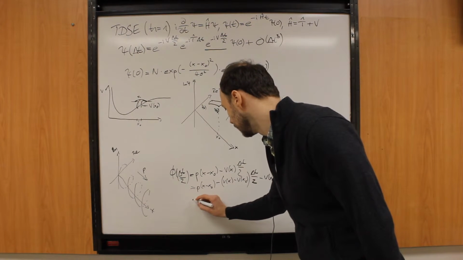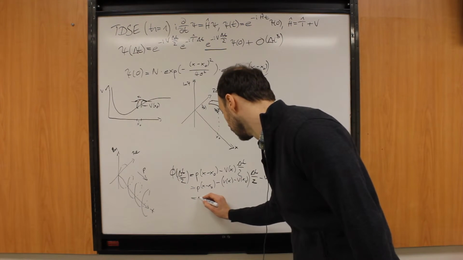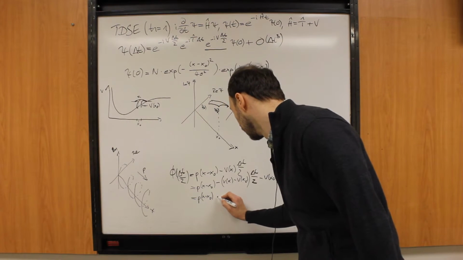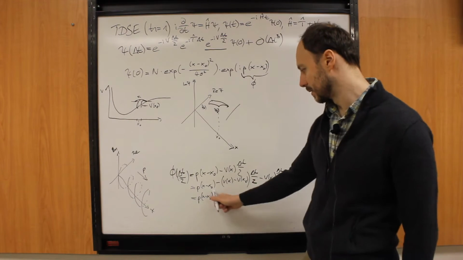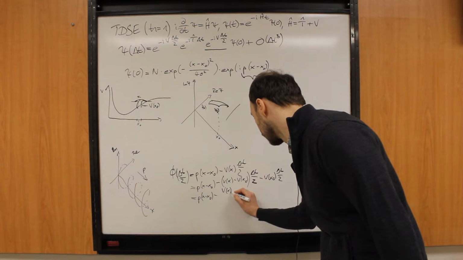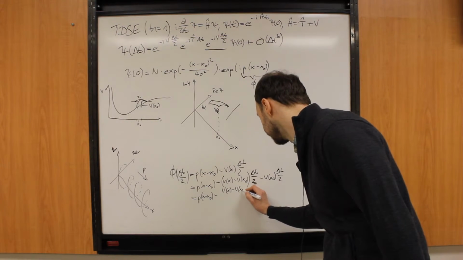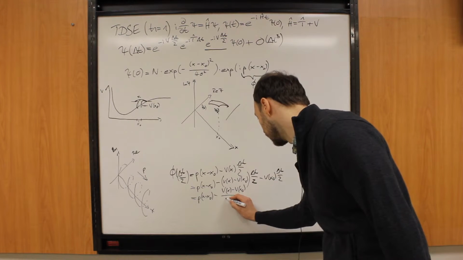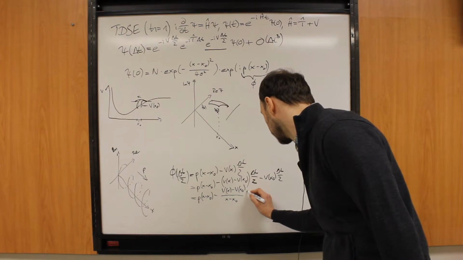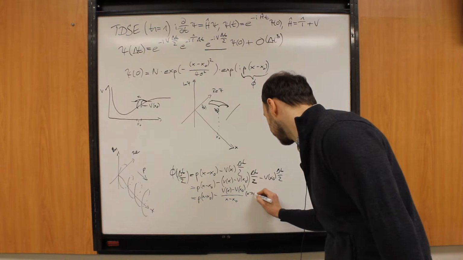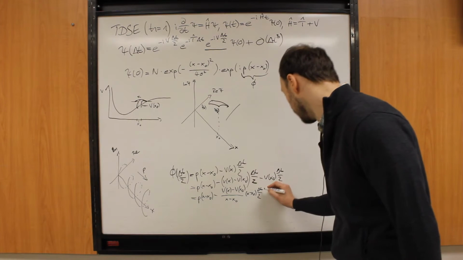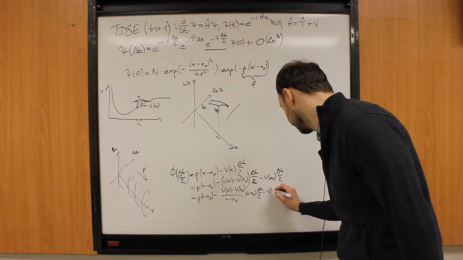And this is now equal to p times x minus x naught minus, let's get a factor out like this, v of x minus v of x naught over x minus x naught times x minus x naught delta t over 2, minus this constant phase here.